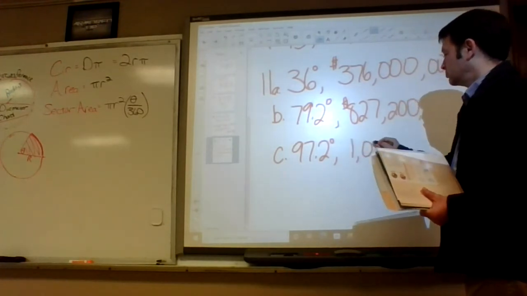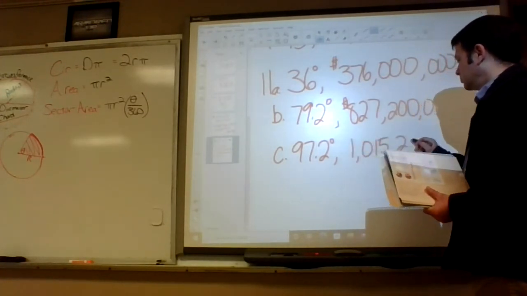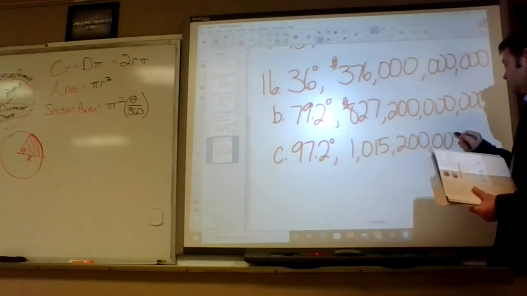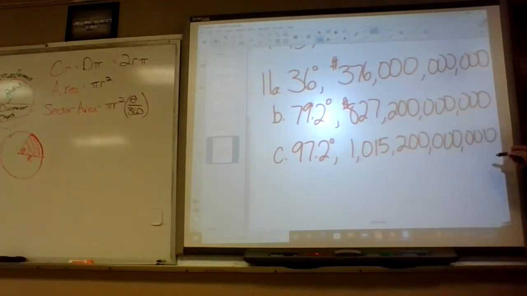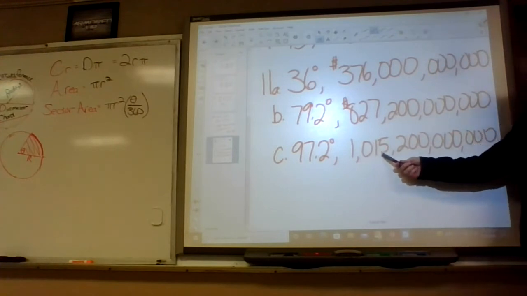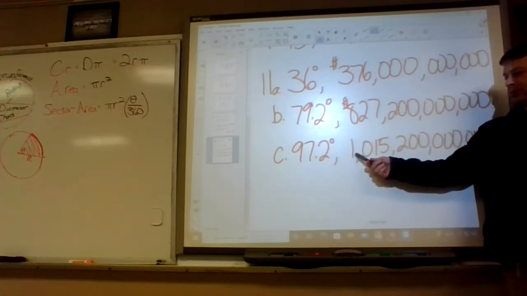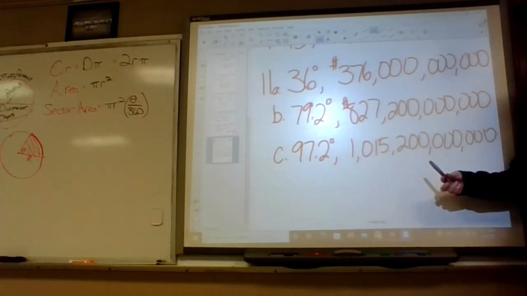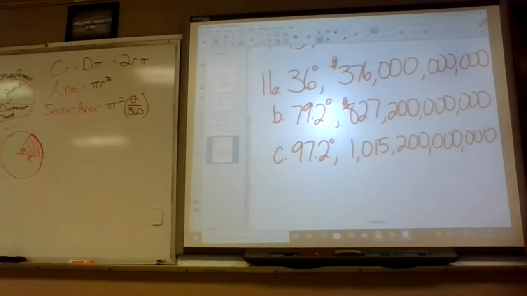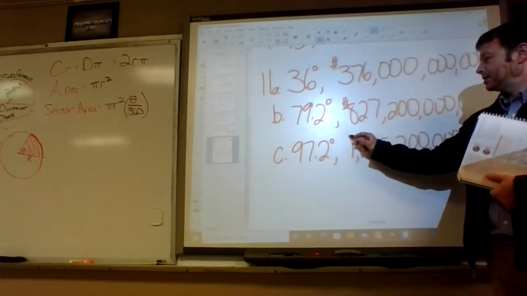Times 10 to the 12. So since it's to the 12th power, that's like 12 spaces after the 1, that means it's actually a trillion. 1 trillion, 15 billion, 200 million dollars.